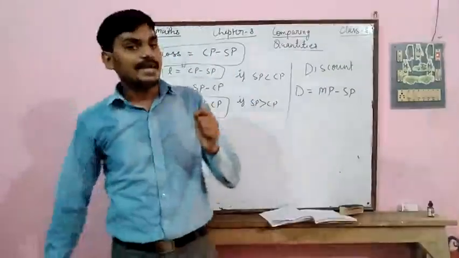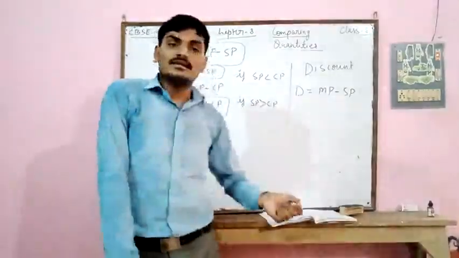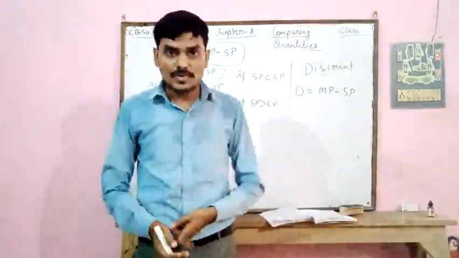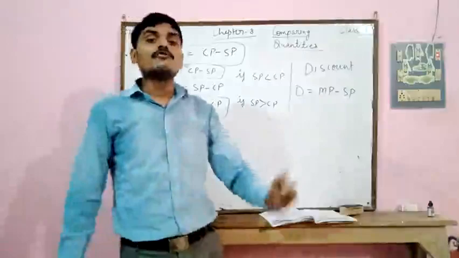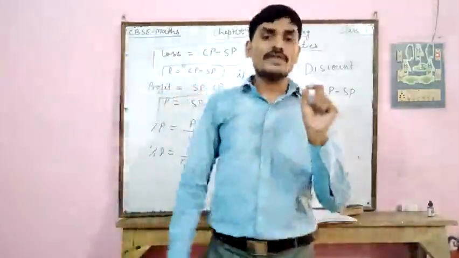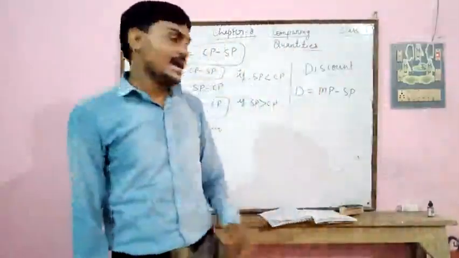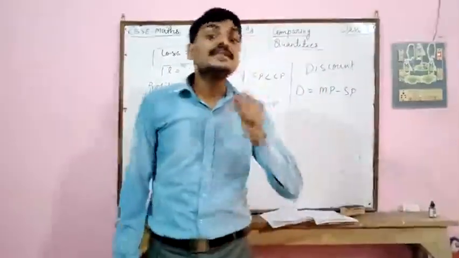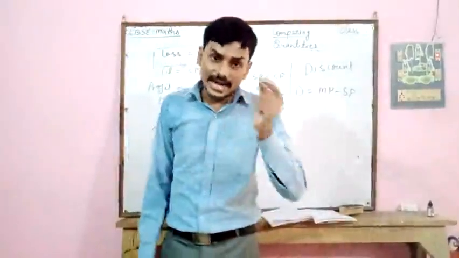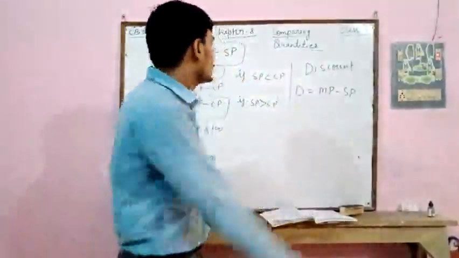That is, if any seller sells a product lower than its marked price, it is counted as discount. For example, if the MRP of a pen is 10 rupees and the seller sells it for 9 rupees, then there will be 1 rupee discount on that pen. So this is the discount.